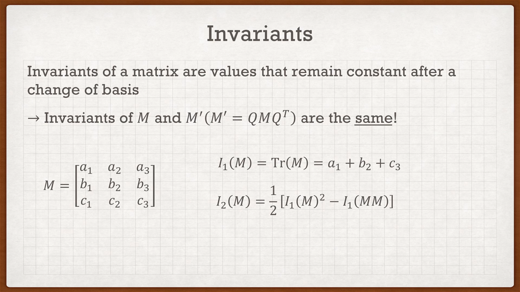Minus invariant 1 of MM. Once we have our matrix M, we multiply it with itself to get a second matrix, MM. So it's not that hard once you think about it. A lot of students will either forget the squared sign or forget that it's invariant 1 of MM instead of just M. And finally, the third invariant, which is the determinant. Invariant 3 of M is just the determinant of M.